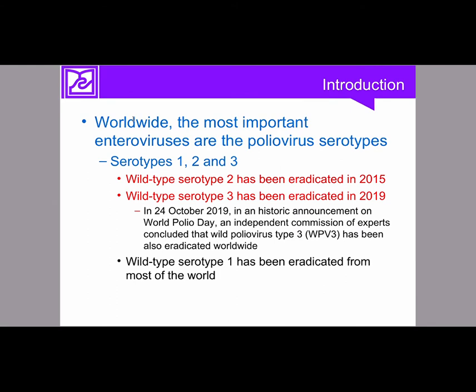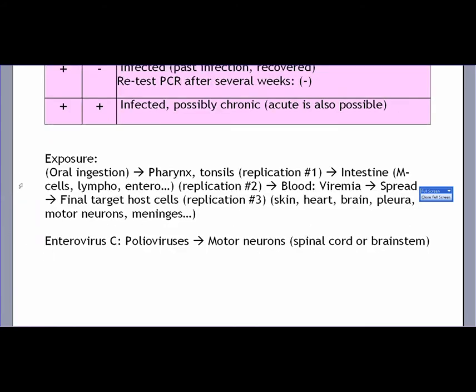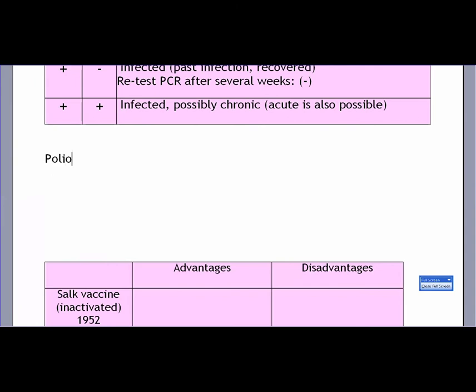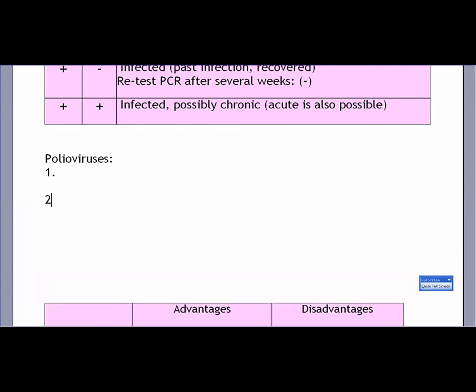The most important enteroviruses in the world are polioviruses. And we can find 3 wild serotypes, but I want to explain this in the whiteboard. So currently, I'm going to write here. So currently, polioviruses that cause disease may be grouped into 2 types.